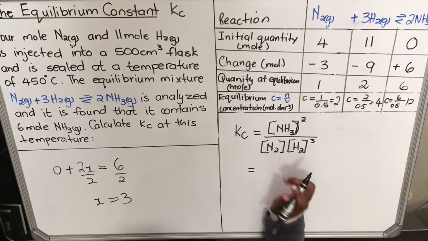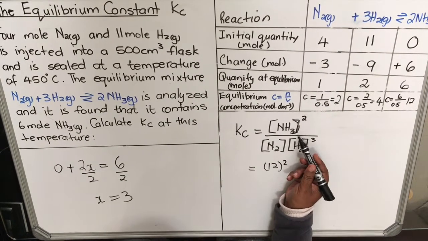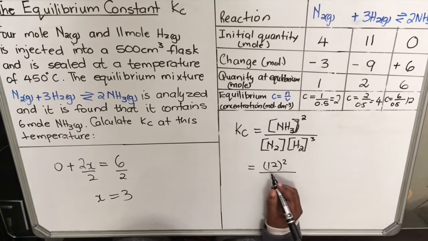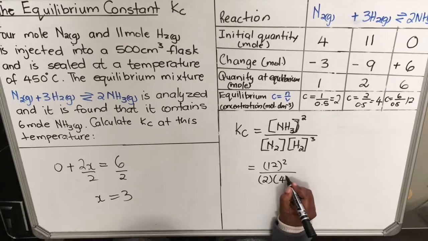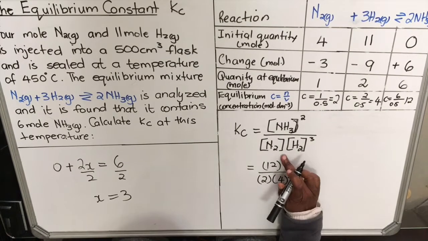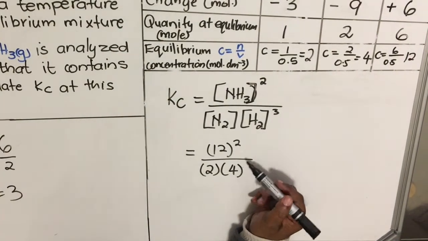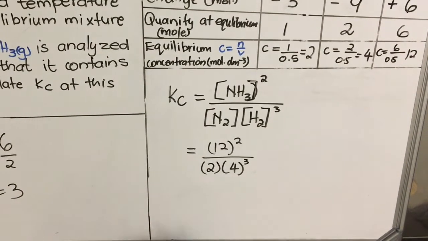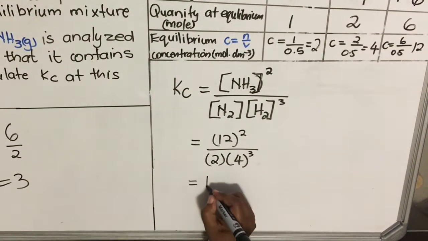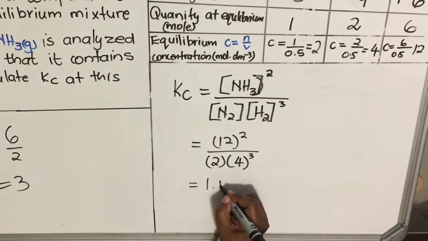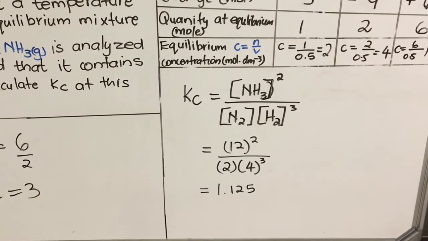Then what are the concentrations? It's 12 squared, divided by 2 for nitrogen, and 4 cubed for hydrogen. When you write the values, it's not concentration anymore, so you don't use square brackets. You punch that in your calculator and find that it's 1,125.